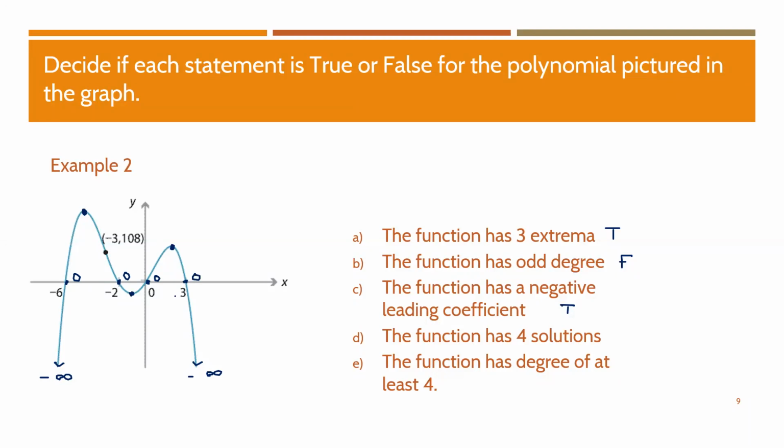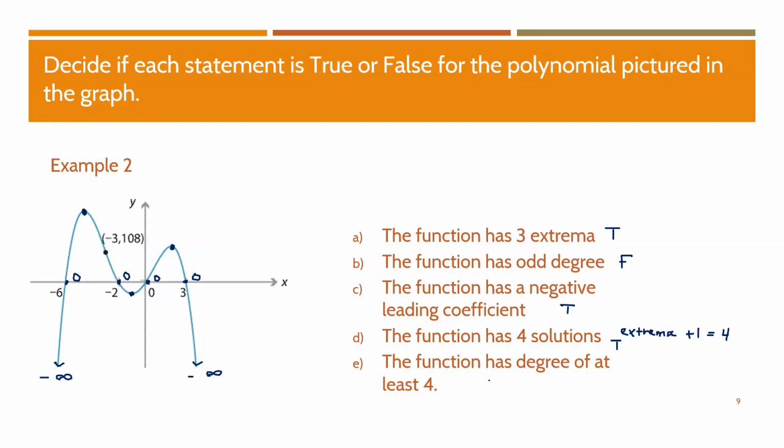All of them real. And when I look at the extrema, if I take the extrema plus 1, that gives me 4. And I saw 4 solutions on the graph, so I'm going to say this is true.